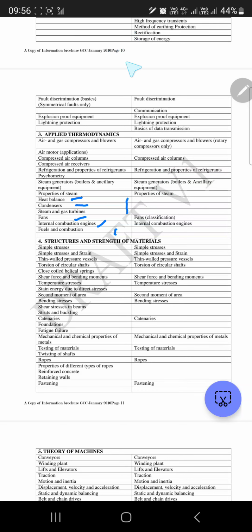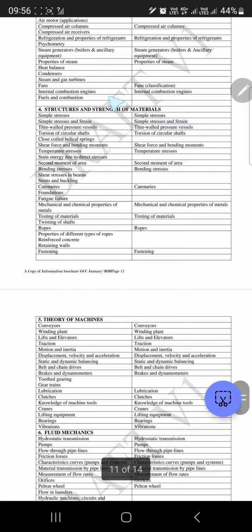And then we have the strength of materials. On strength of materials you're going to have all this: the stresses, the simple stress. It's a lot, but most of them we also did. Most of these things we're going to be posting. I will be posting videos for strength of materials too, like fastening, the twisting of shafts, the ropes, and the foundations.